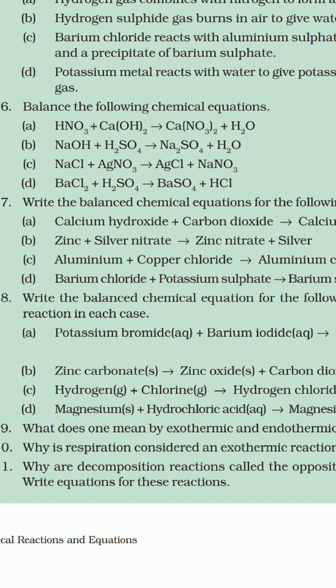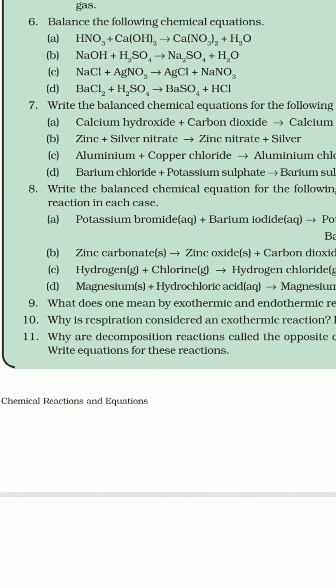This is already a balanced equation. Now D, BaCl2 plus H2SO4, arrow, BaSO4 plus 2HCl. It will be 2HCl.